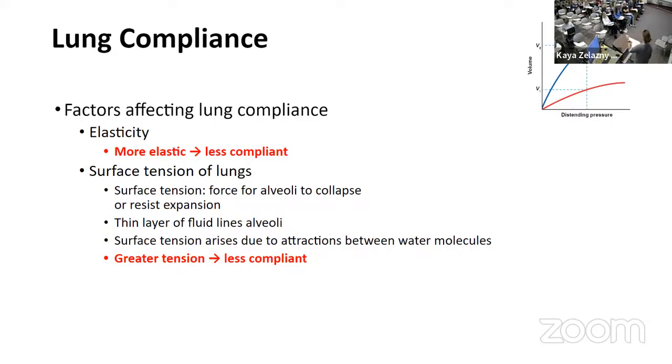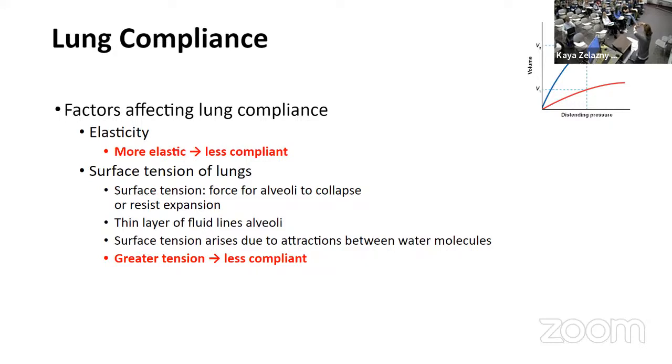Changing the composition of the fluid in the alveoli can change the amount of surface tension. And this does happen over development, like brand new babies have different amounts of surface tension than adults do. Okay, so we'll be taking a look at that surface tension bit. But what you want to know is that if you have greater surface tension, that means you have more water in the lungs, more strongly attracted to itself by hydrogen bonds, which means it's holding on to itself.